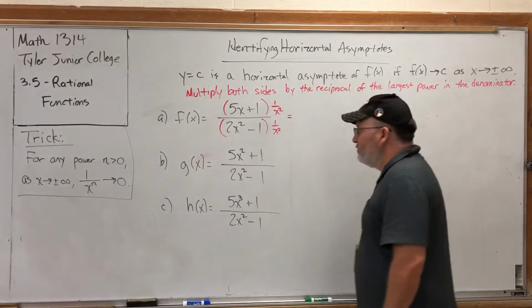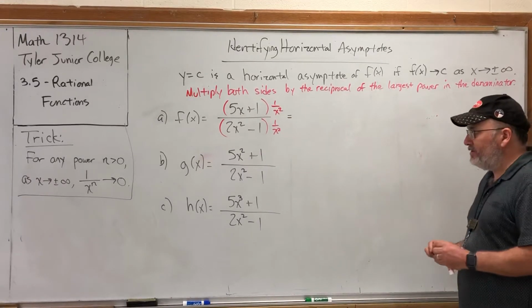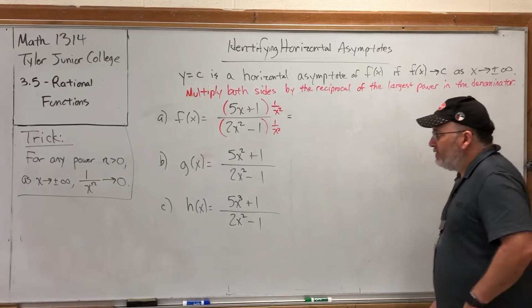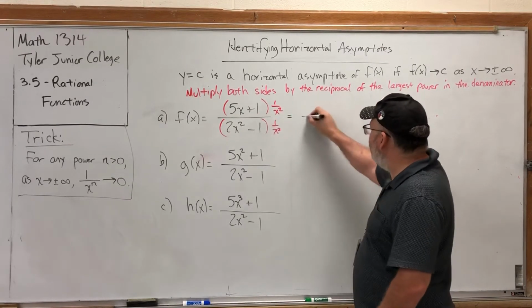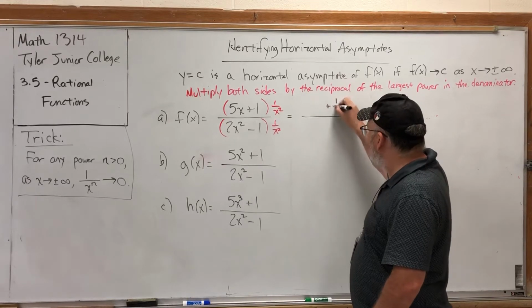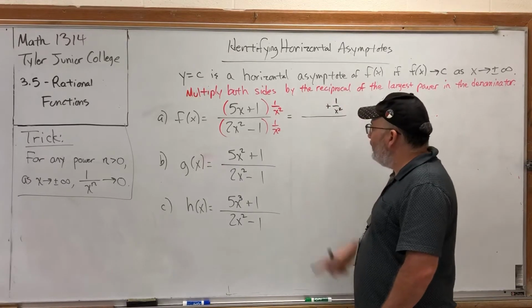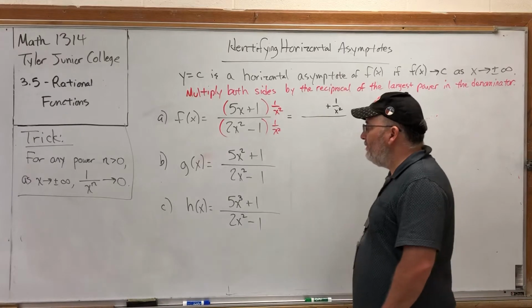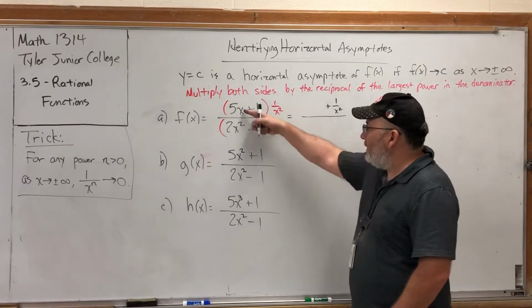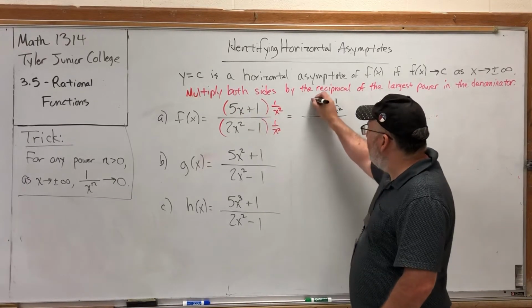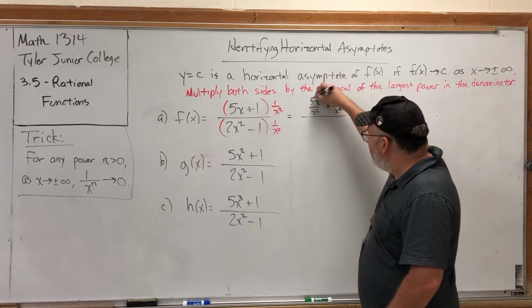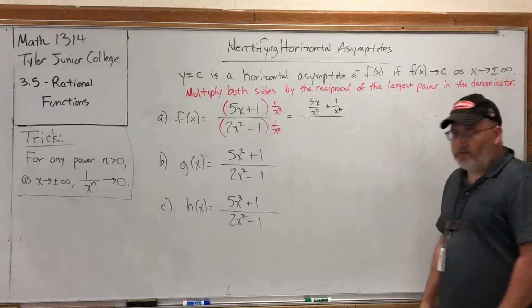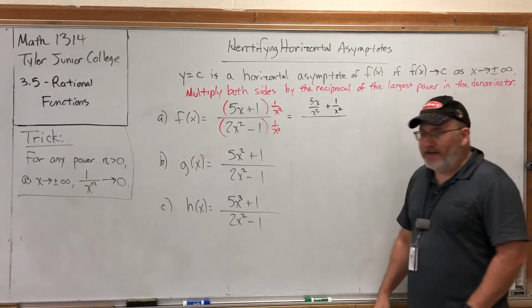This, of course, invokes the distributive property on both sides of these functions. So let's see what happens. Distributing the 1 over x squared to the plus 1 is easy. 1 times anything is itself. But if we distribute the 1 over x squared to the 5x, and think of the 5x as 5x over 1, and multiply, we get 5x over x squared. But wait a second. 5x over x squared can reduce by an x.